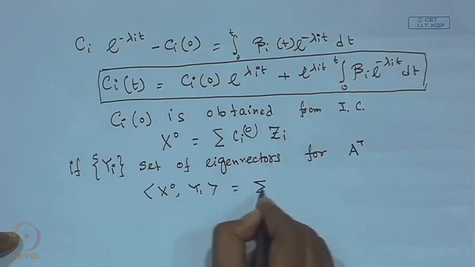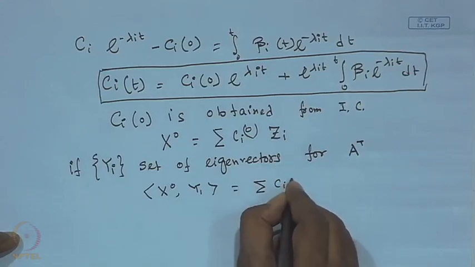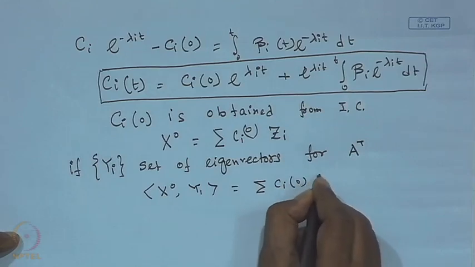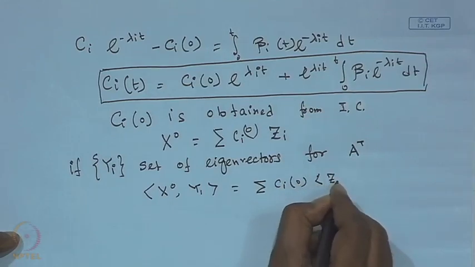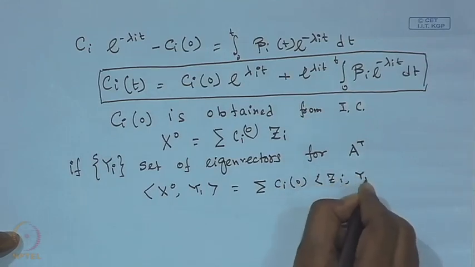So, this becomes c_i0 times the inner product of z_i and y_1.